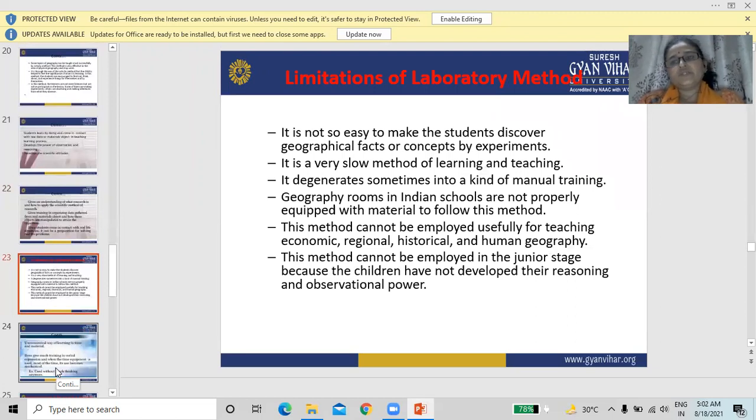Now we will discuss some limitations of the laboratory method. It is not so easy to make the student discover geographical facts or concepts by experiments.